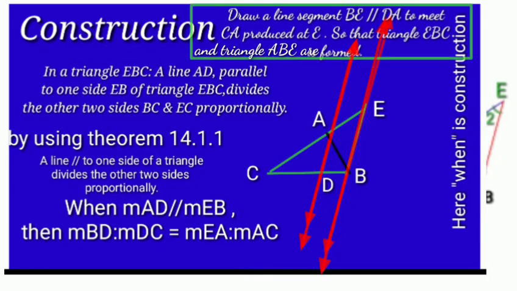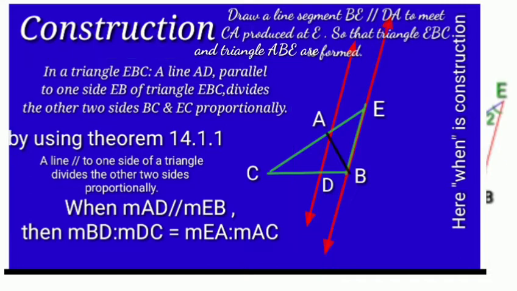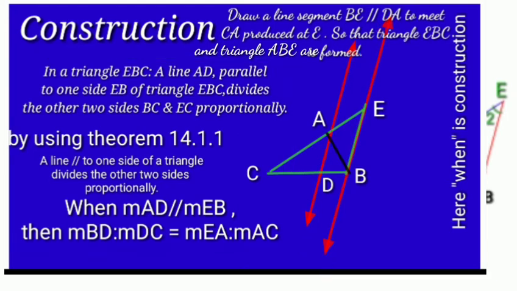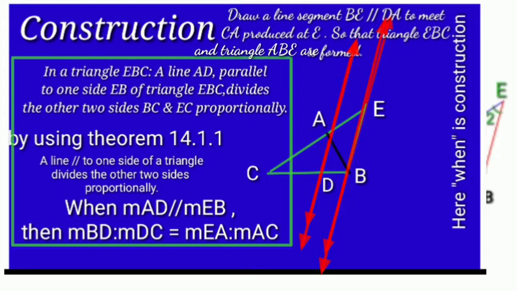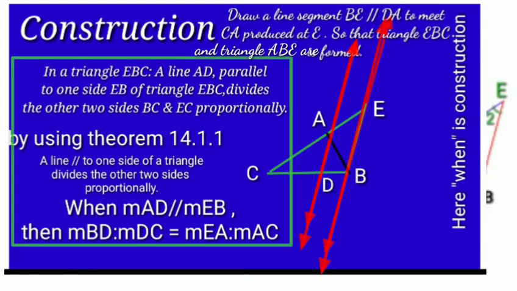A line segment AD parallel to one side EB of triangle EBC divides the other two sides BC and EC proportionally, by using theorem 14.1.1: a line parallel to one side of a triangle divides the other two sides proportionally.